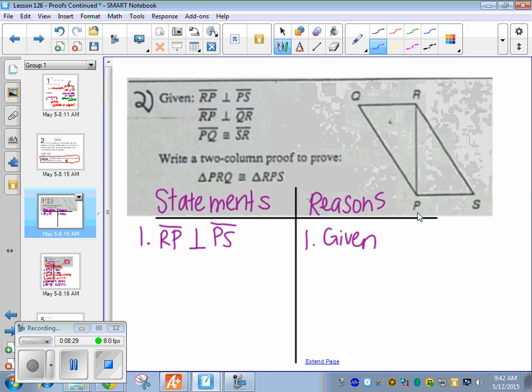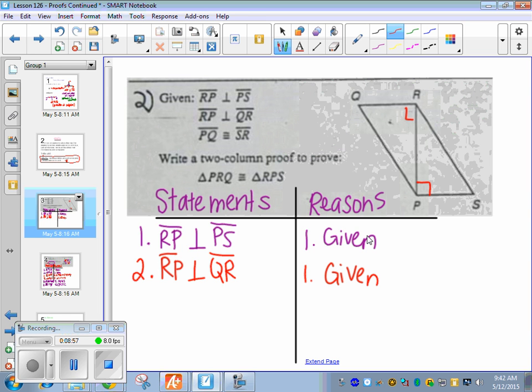So if these are perpendicular, what can I draw on my picture? A right angle. Okay. And let's go ahead and do our next given. So we've also got that RP is perpendicular to QR, given. So again, we can mark this segment and this segment are perpendicular, so mark your right angles.